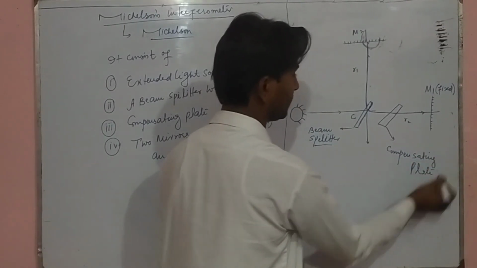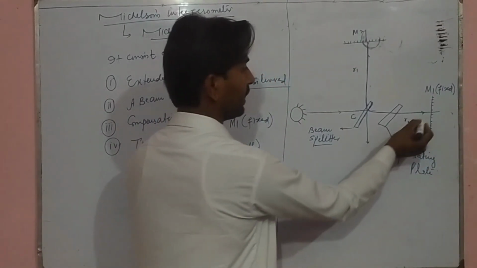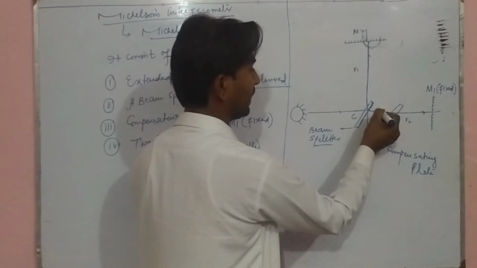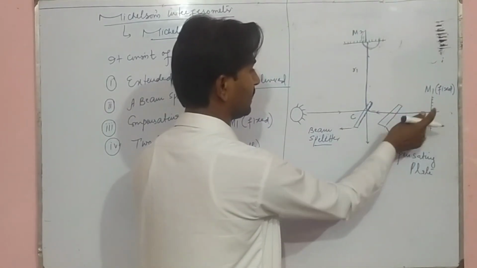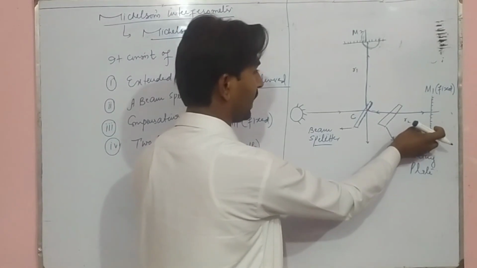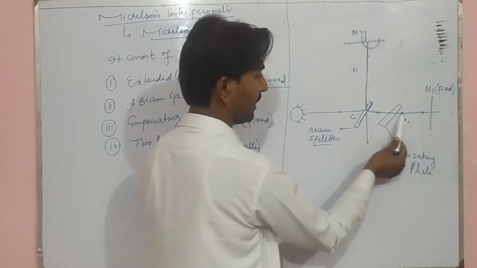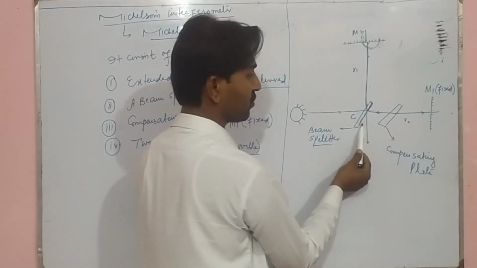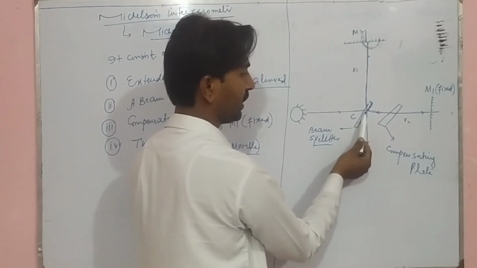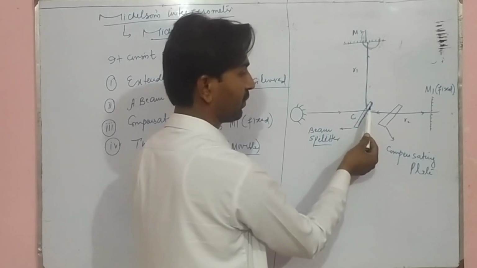Compensating plate. When a ray is reflected back, the image of the M1 mirror forms on the beam splitter, at the silver plate.